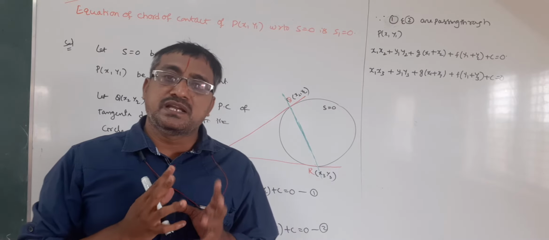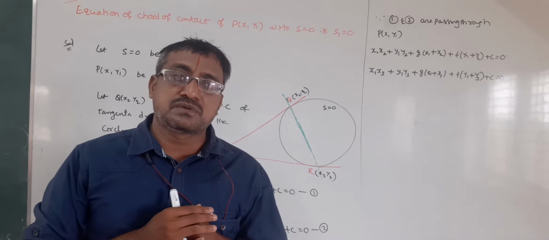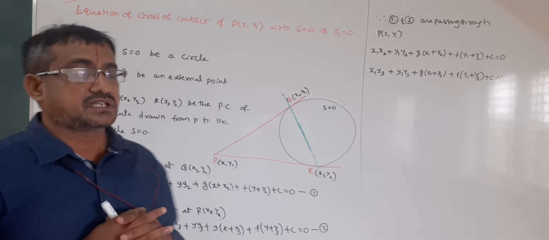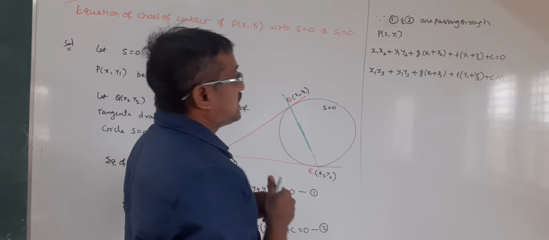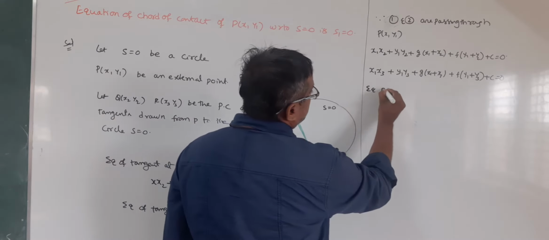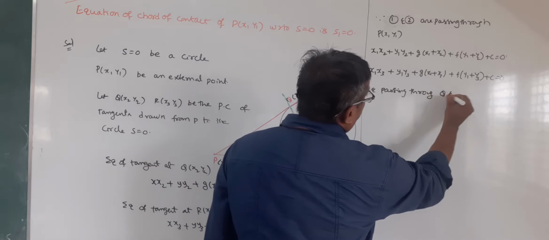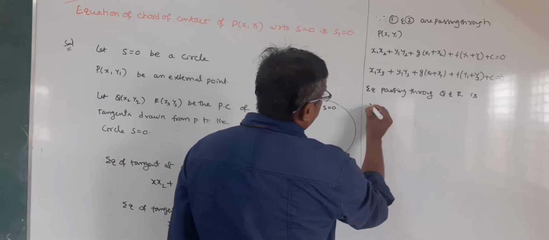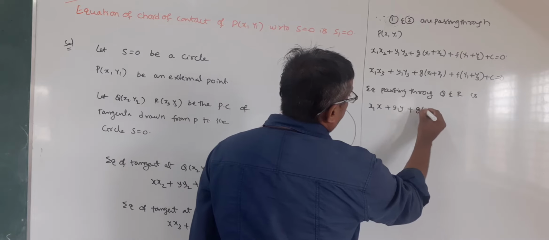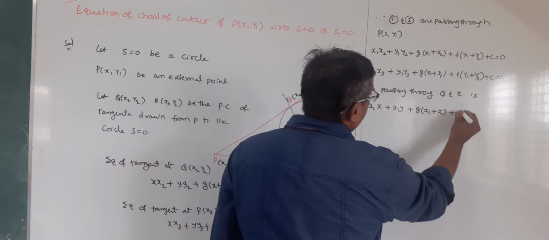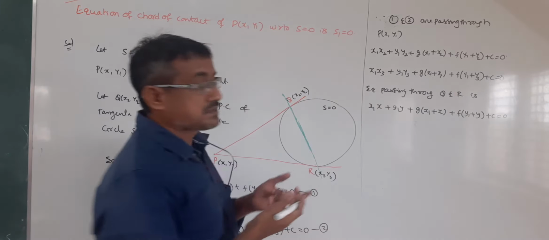Now observe one thing. You have to find an equation which is passing through these 2 points Q(x2, y2) and R(x3, y3). From these 2 equations you can observe that the equation passing through Q and R is x1x + y1y + g(x1 + x) + f(y1 + y) + c = 0.